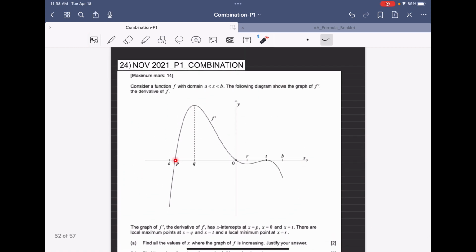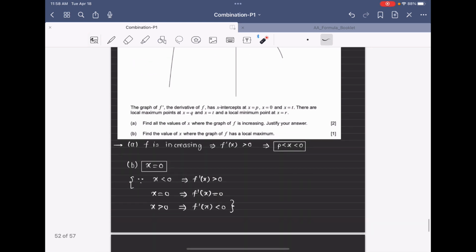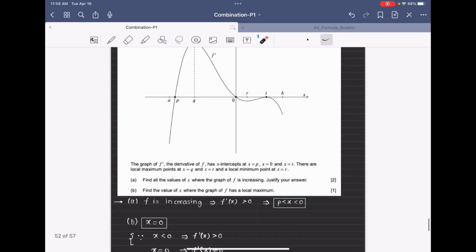You can see here, before slope is negative, after is positive. No. At 0, before slope is positive and after slope is negative because it is below the x-axis. So straightforward, the answer is 0. So x is equal to 0. Why? Because x is less than 0 here, slope is positive.